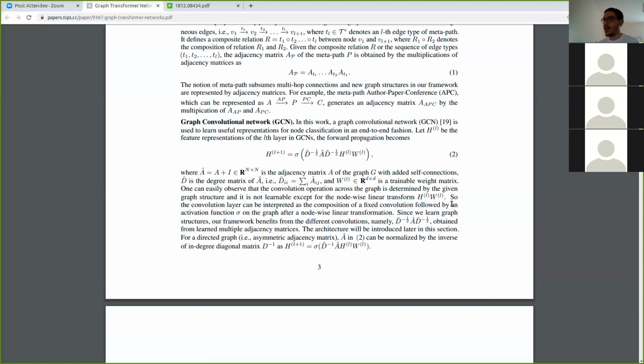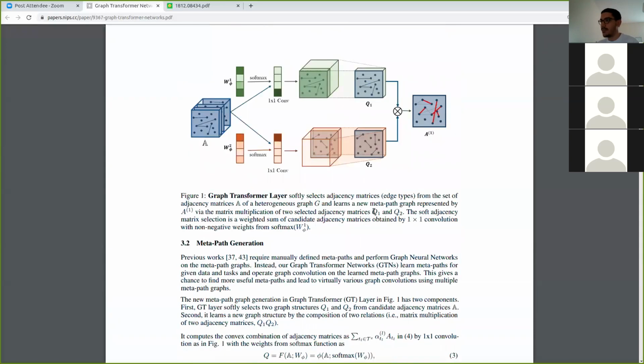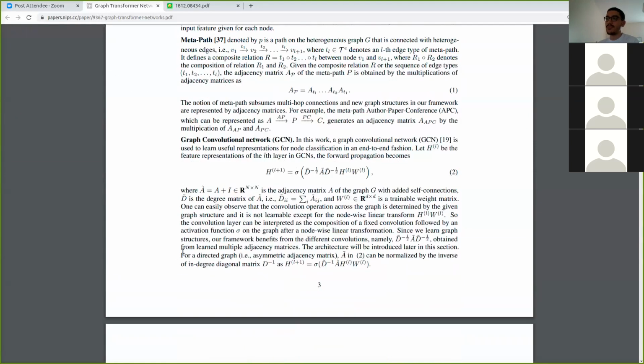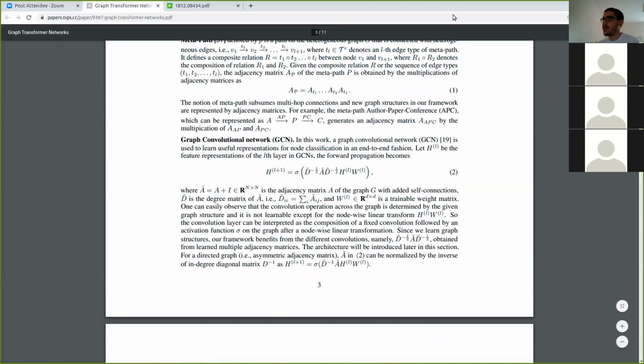It makes a point here: it leads to various graph convolutions using multiple metapath graphs. That repeats the point that Vahan made, and I don't think there's anything more to say here. We covered the GCNs earlier. Are there any questions, any comments at this point?